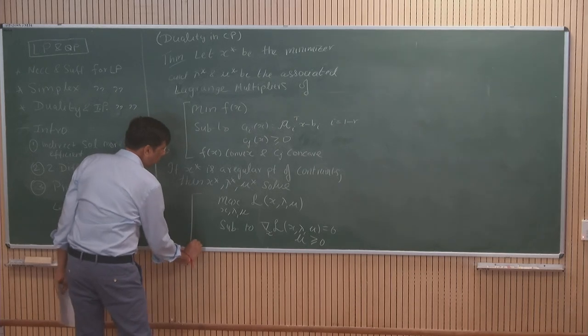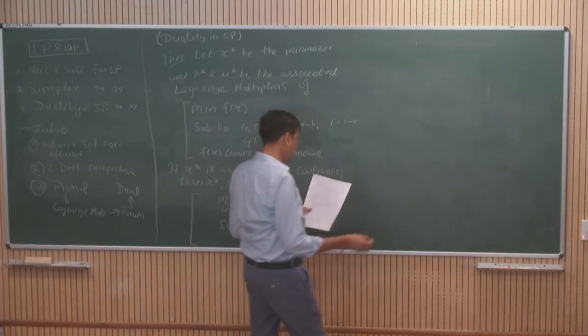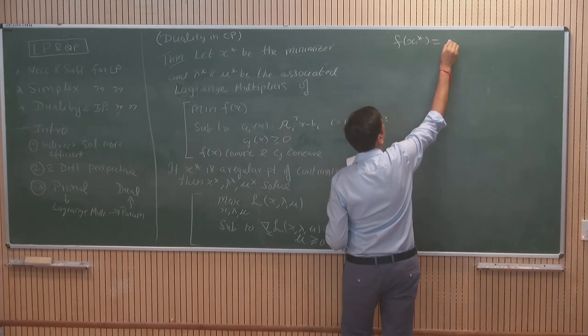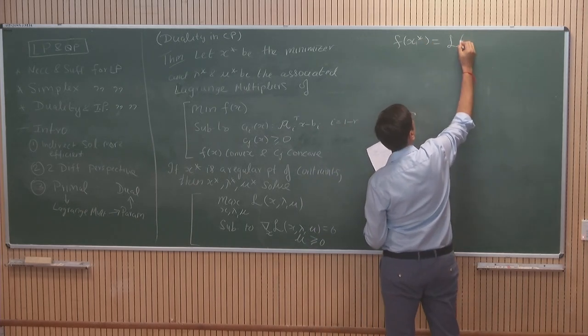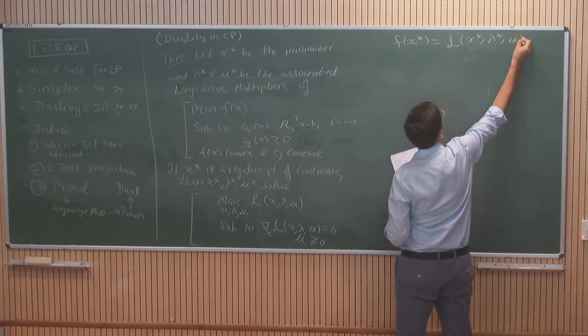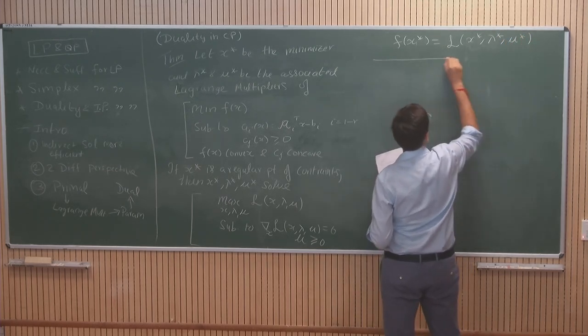So this is your dual problem, and we also know that the minima is nothing but the Lagrangian of x star, lambda star, mu star. That's the theorem.